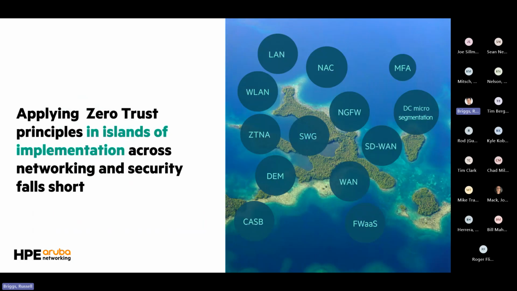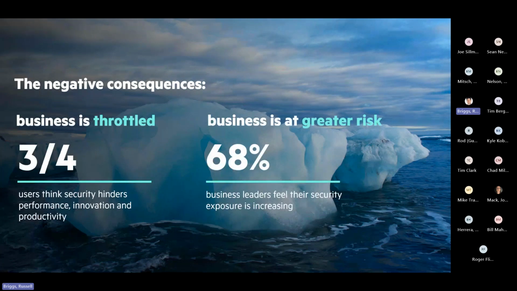We've got all of these different silos and islands of things that now we have to wrangle and enforce consistent policy across. That covers everything from zero trust network access to secure web gateways to SD-WAN networks, all kinds of stuff, right?